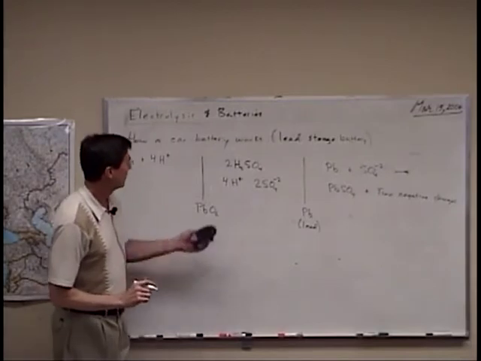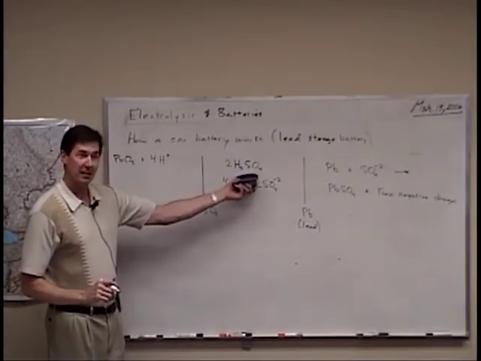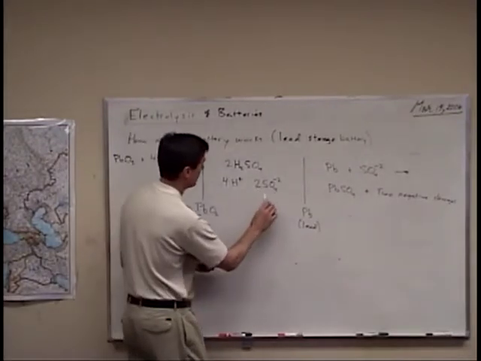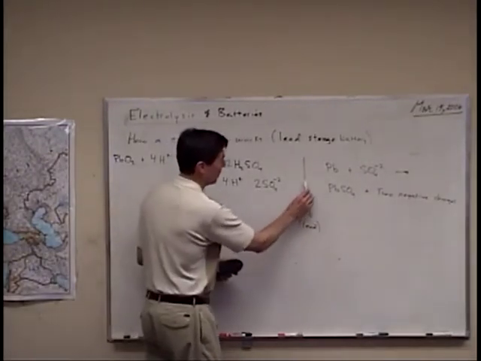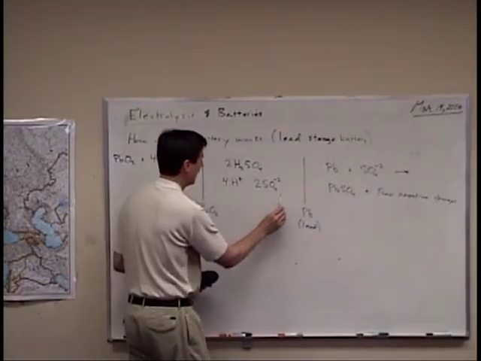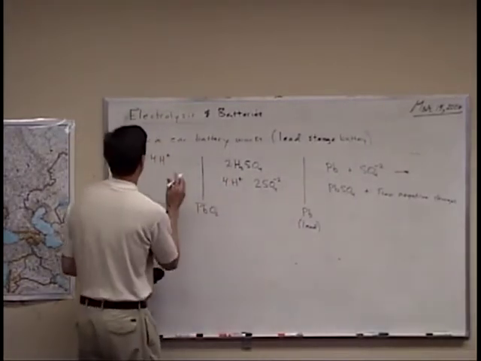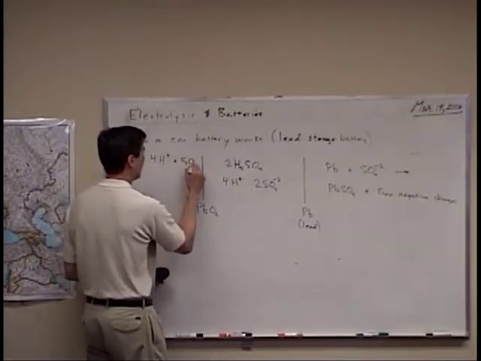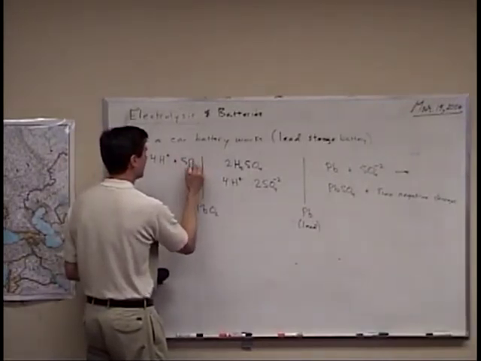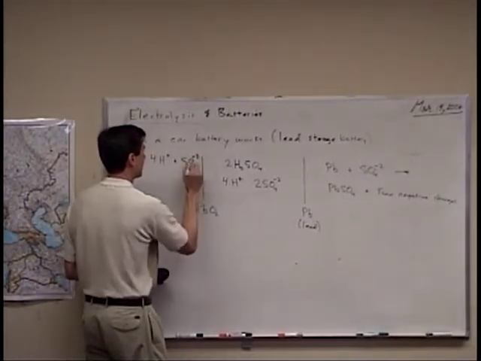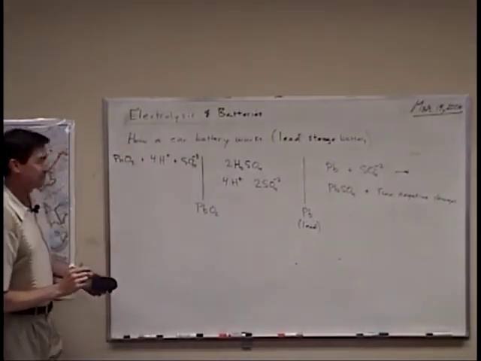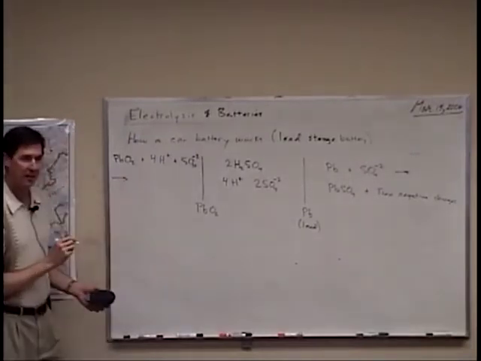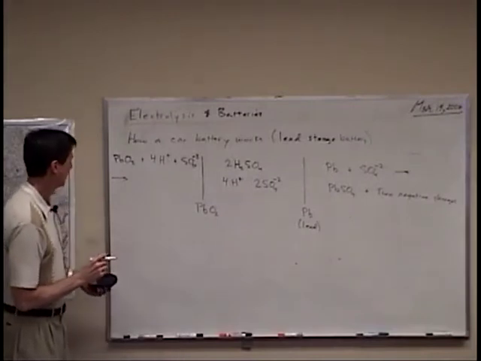Okay, now, if you start out with 2 of these, then you can see how both reactions work. One of the sulfur oxides will react on this plate, and the other one will go over here and react on the other plate, along with the positive hydrogen ions.